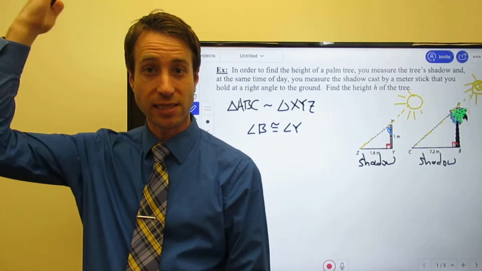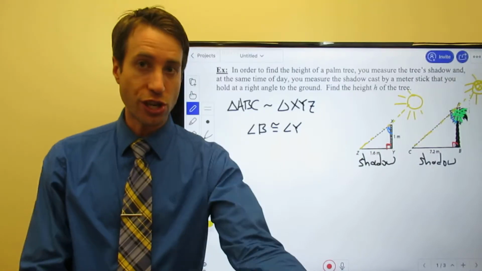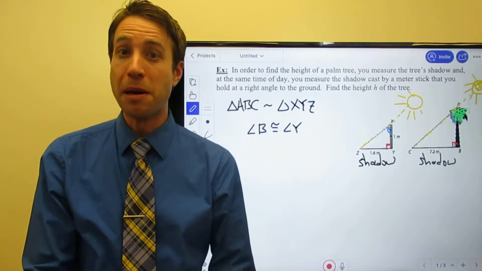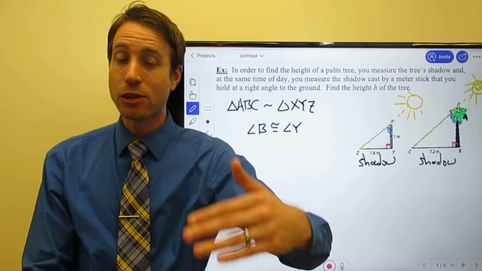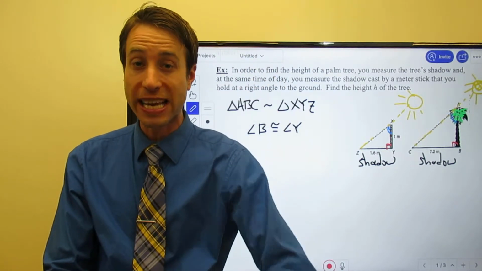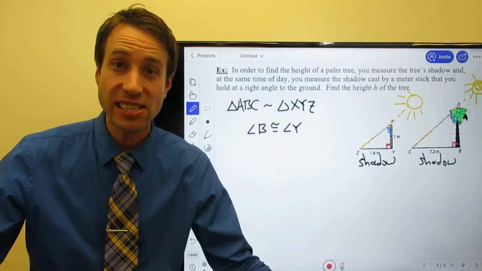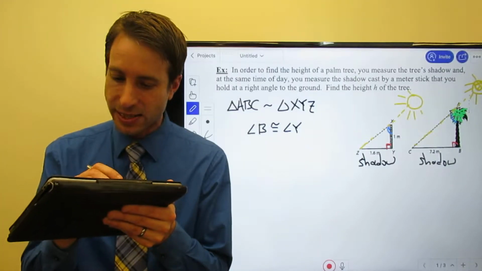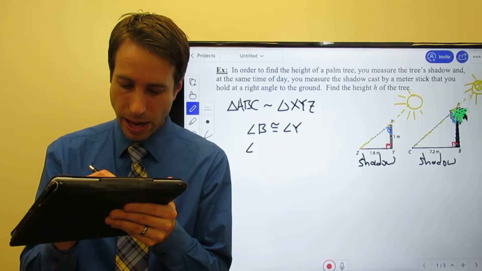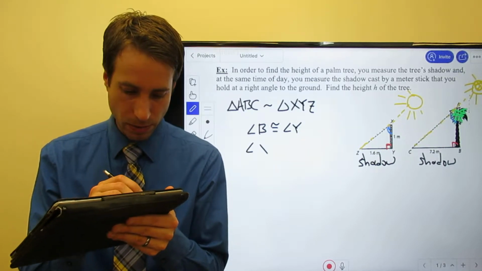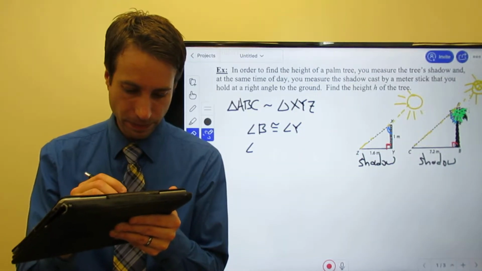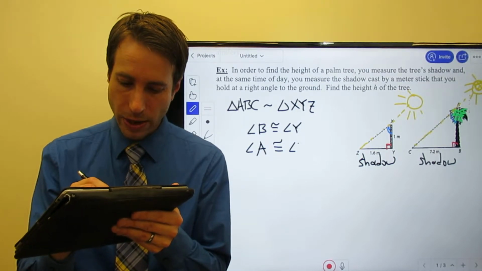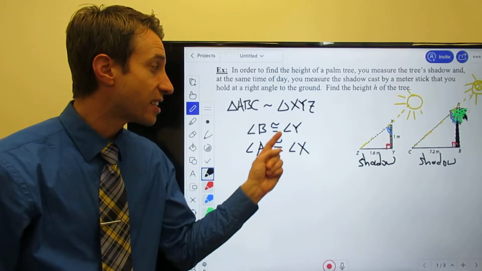Measure the shadow of the tree, measure your shadow or the shadow of the meter stick, and the angle at which the rays of the sun are hitting you is going to be the same in both cases, as long as those measurements are taken at the same time. So angle A is going to be congruent to angle X. And there you go, that's enough.